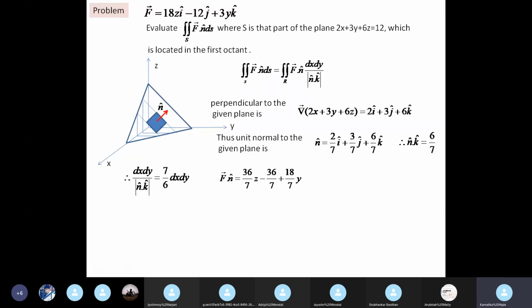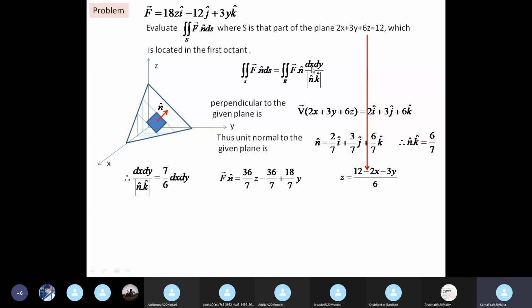And f dot n cap, you can calculate using this, is 36 by 7 z minus 36 by 7 plus 18 by 7 y. So now you are in a position to calculate the integral. Just remember that from this formula of the plane, we write z in terms of x and y. Why?